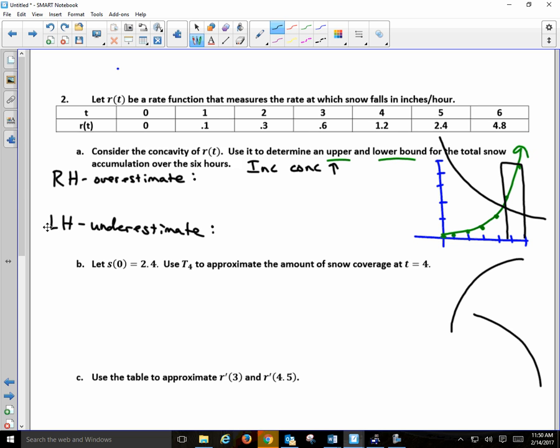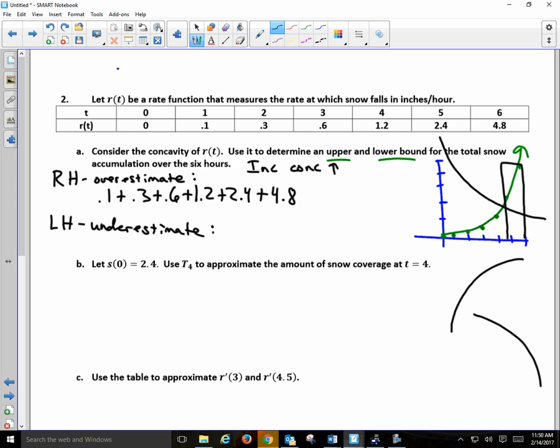Okay, so let's do a right-hand estimate. Right hand from 0 to 6. Which numbers will I add up? Yeah, 0.1 plus 0.3 plus 0.6 plus 1.2 plus 2.4 plus 4.8. That should give us an overestimate for how much snow would actually have accumulated.